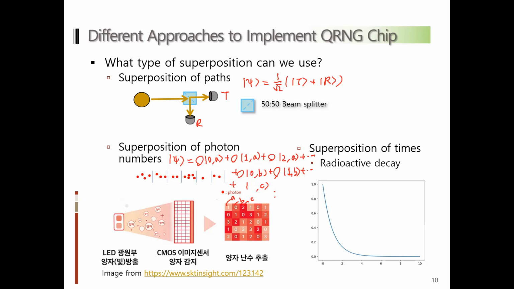Another type of QRNG chip uses radioactive decay, like this one. You are familiar with the concept that many of the unstable isotopes of some atoms will decay over time. The typical shape of the decay curve looks like this kind of exponential curve.